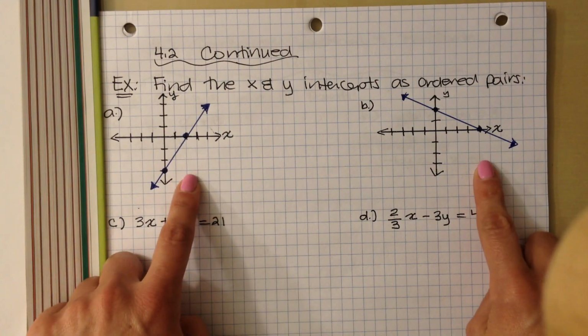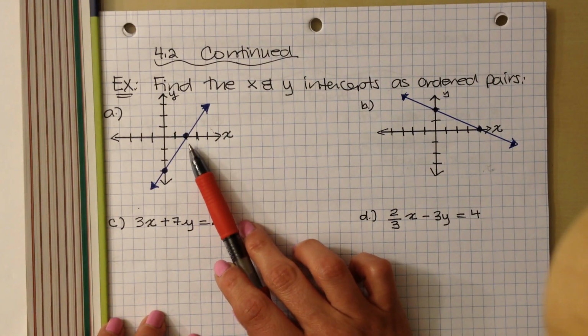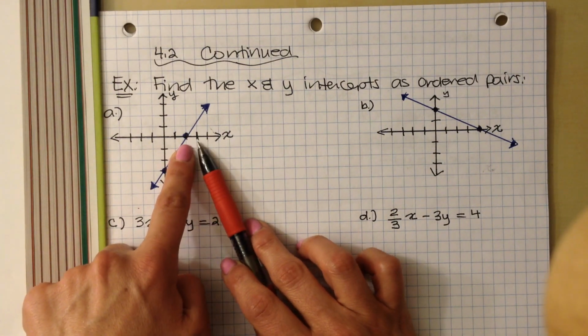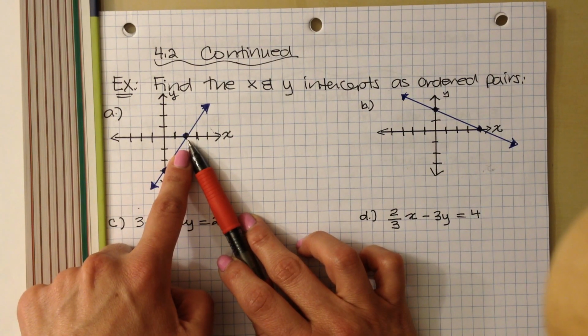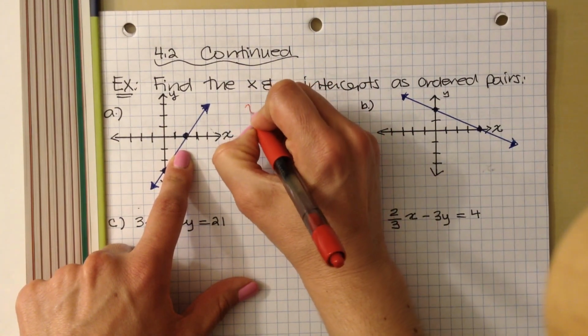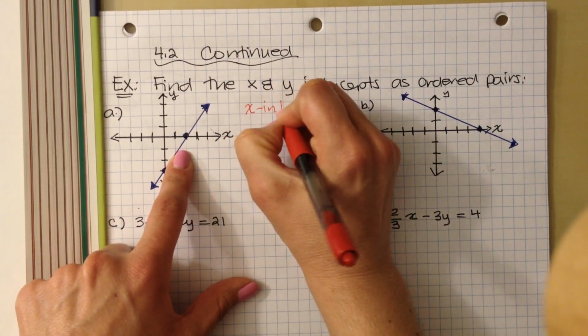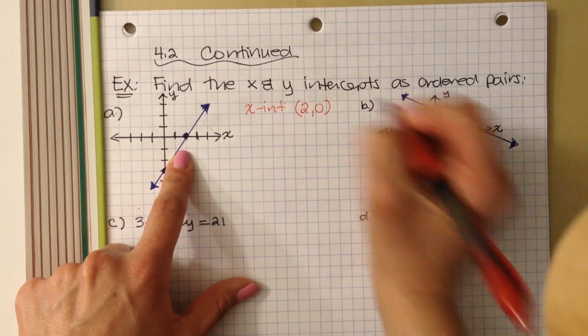If you're given a graph, for example A and B, all we need to do is look to see where our line intersects the x-axis and read the point. The ordered pair right here is 2, 0. That's our x-intercept, so our x-intercept is of the form 2, 0.